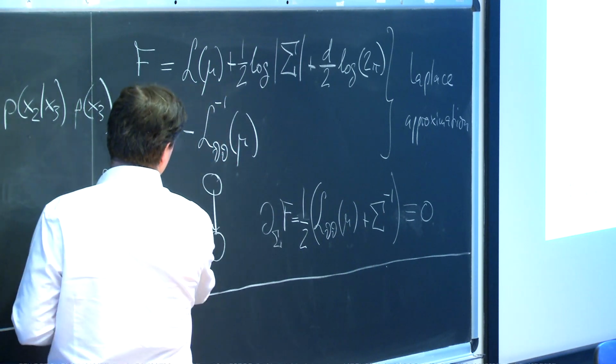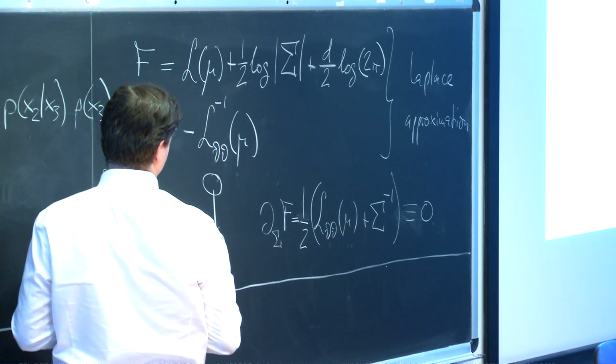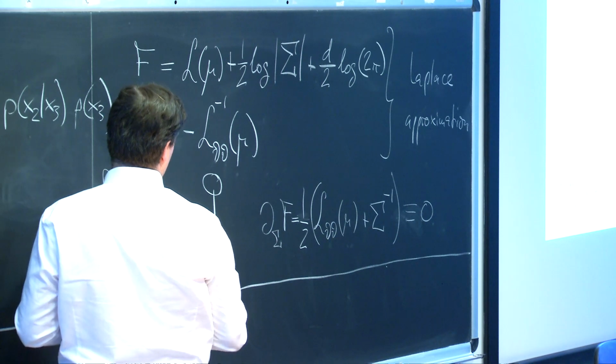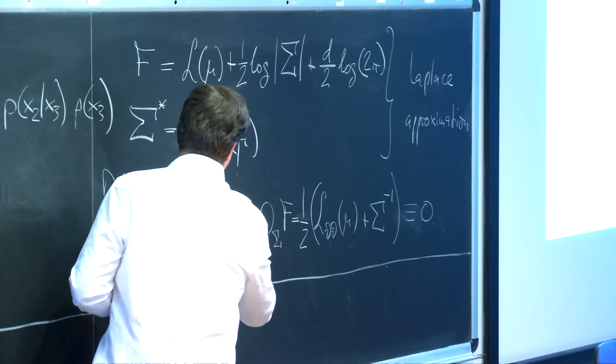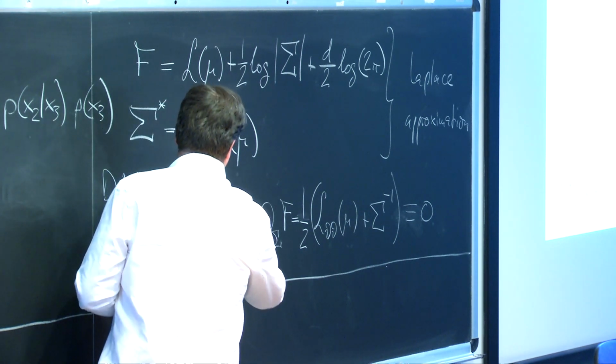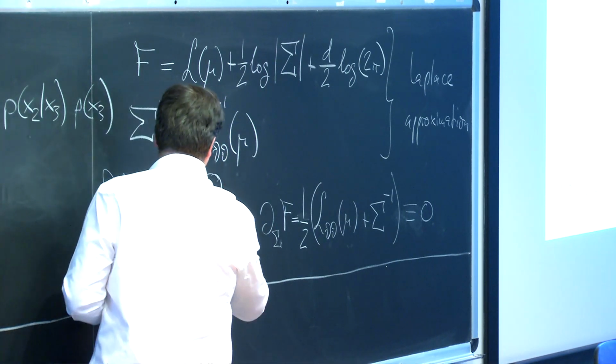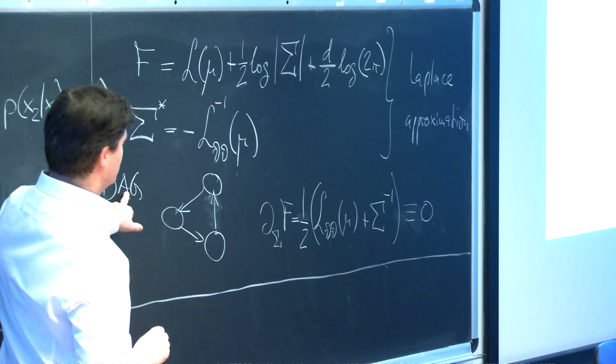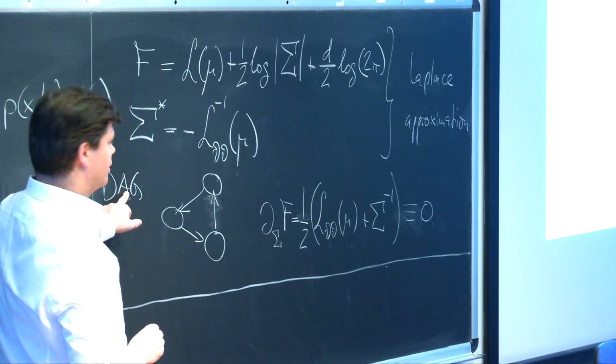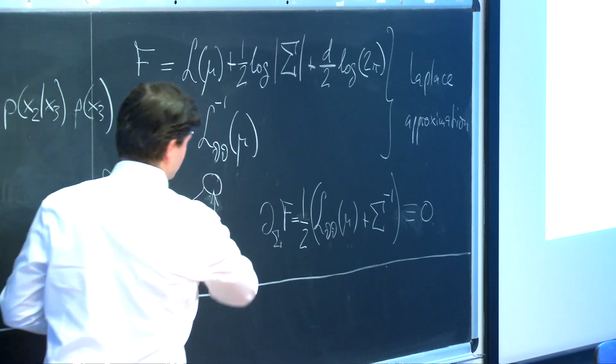So this is also a DAG. If I have this, it's still a directed acyclic graph, but if I have this, it's no longer acyclic because it has a cycle in here.